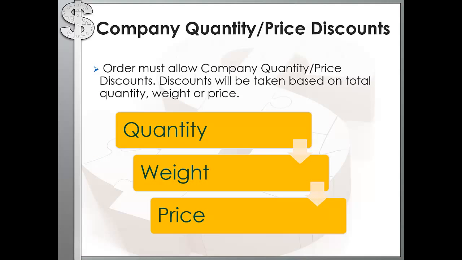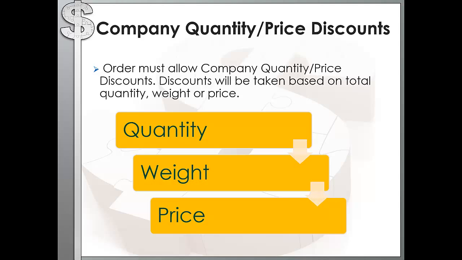The next thing I'd like to cover is company level quantity and price discounts. The way that this works is that there is a table in the company file maintenance that allows you to establish break levels based on quantity sold, total weight on an order, or total price of an order. So whenever your customer's order reaches that break level, whether it's quantity, weight, or price, they will get the discount that you have set up.